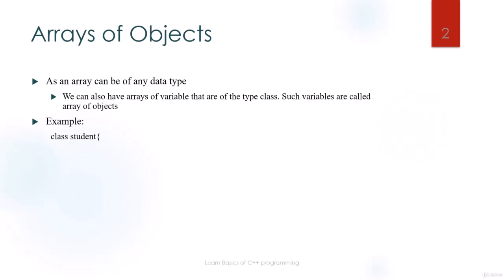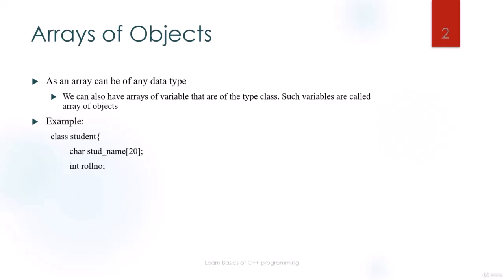Here the class is being created for the student. Within the class body, I have declared one data member as the student name. It is being declared with the help of the data type, that is the character.